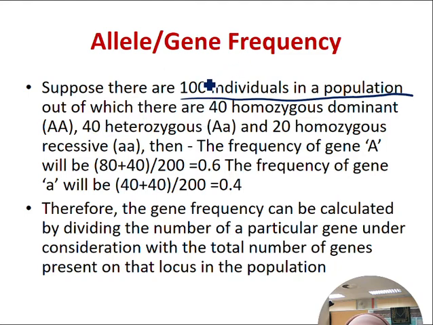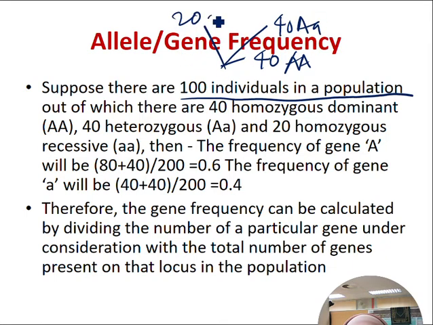Out of these 100, we have 40 homozygous dominant, 40 heterozygous, and 20 homozygous recessive. How do we calculate the frequency of this allele A in this population of 100 individuals?